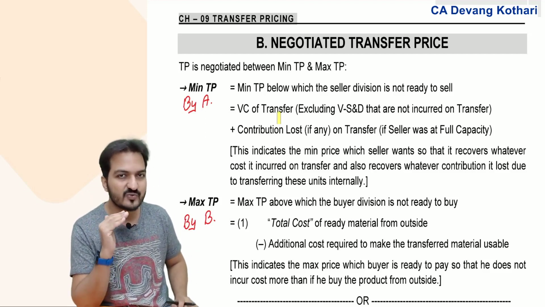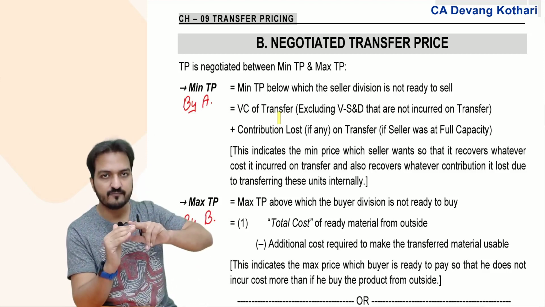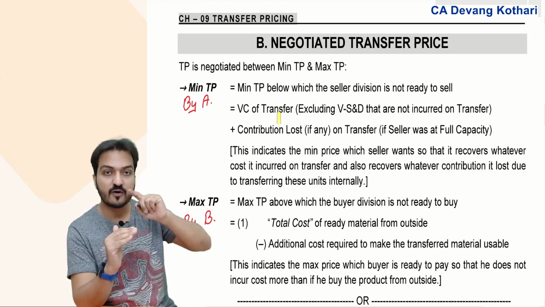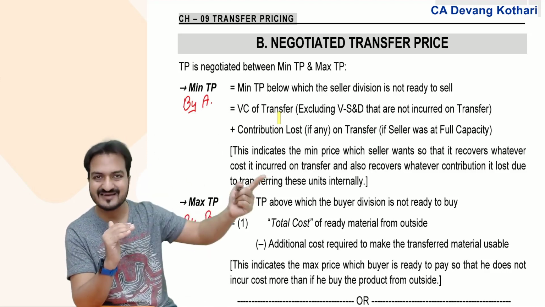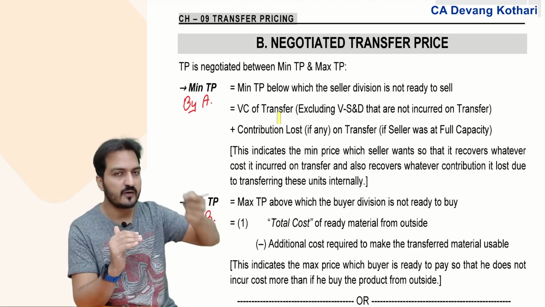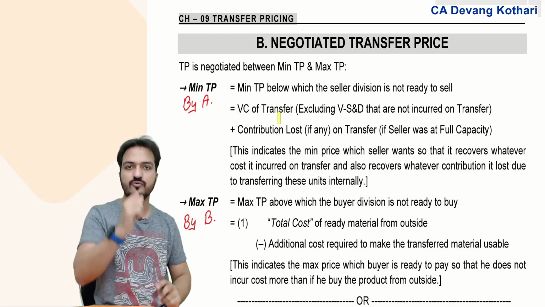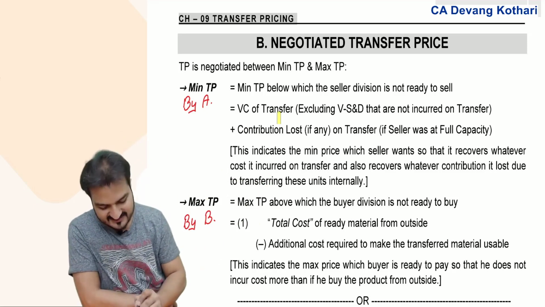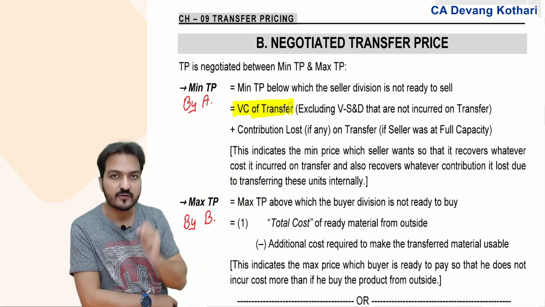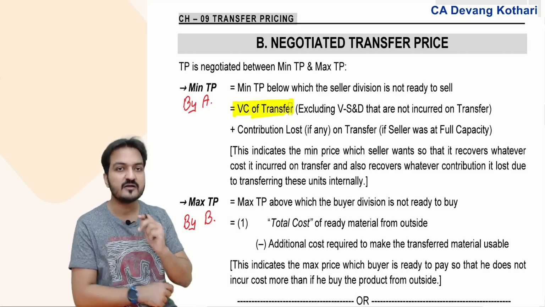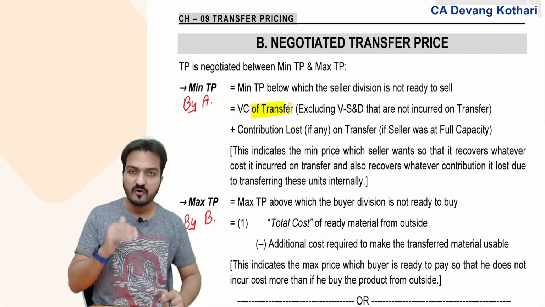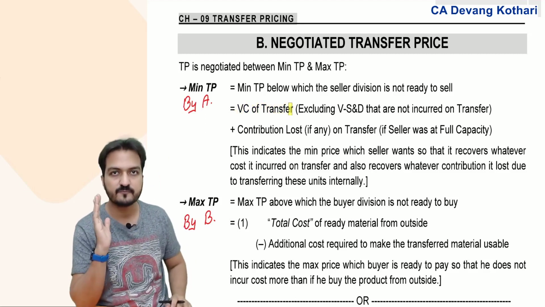Now the variable cost which I incur for making the units to be sold to outside customer might be different than the variable cost which I incur for making units transferred to you. Hence I name this as variable cost of transfer. Of transfer means the variable cost which I incur for the units that I transfer to you.